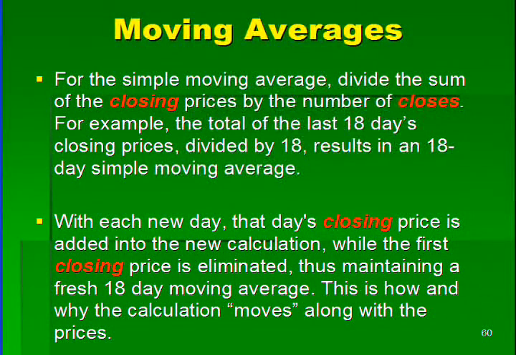With each new day or time period, it could be 5-minute, 15, 60, daily, weekly, monthly, whatever your time period is, you add the new closing price to the calculation while the first closing price is eliminated. That's why it's called a moving average, because it moves. So you drop the oldest, add the newest, add them up again, divide by 18, and there you have your 18-day moving average.